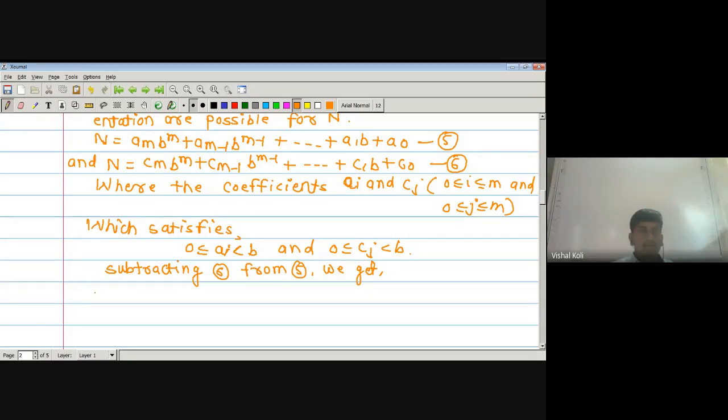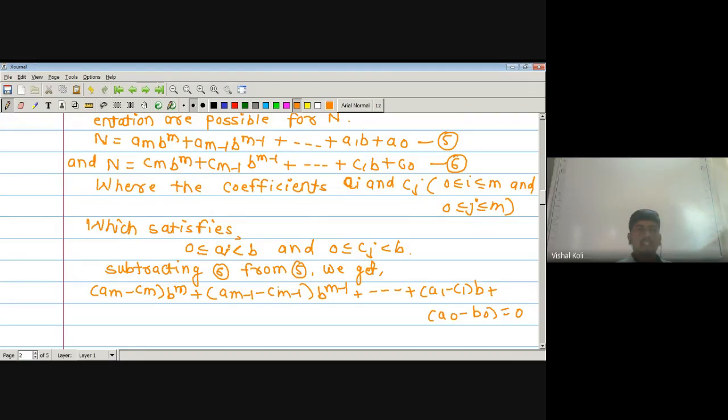On RHS, am minus cm b to the power m plus am minus 1 minus cm minus 1 b to the power m minus 1 plus and so on plus a1 minus c1 into b plus a naught minus c naught, which is equal to 0.